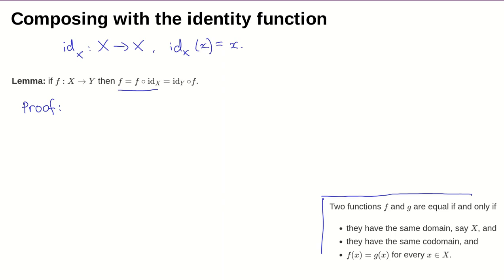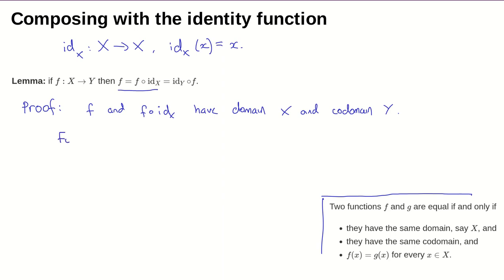So if we observe that both f and f composed with the identity on x have domain x and codomain y, they do meet the first two conditions for equality of functions. And what we now have to do is check that they meet the third condition for equality of functions.